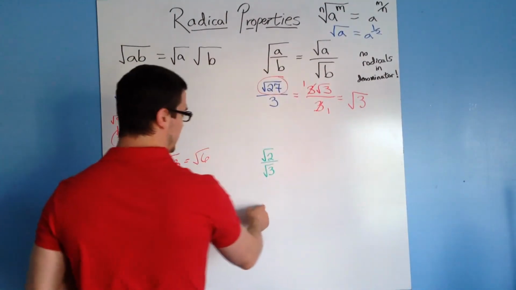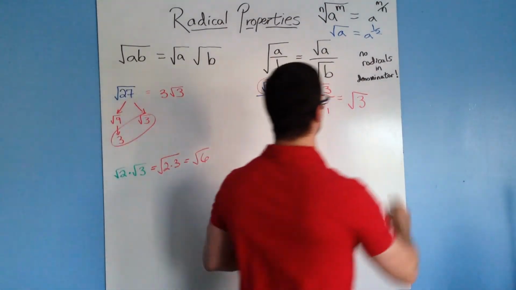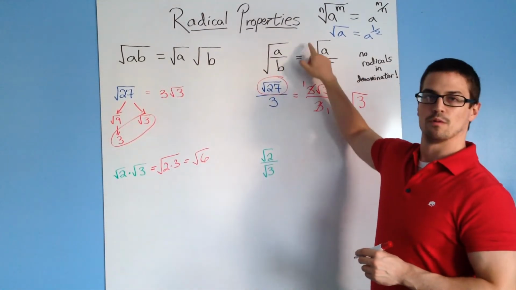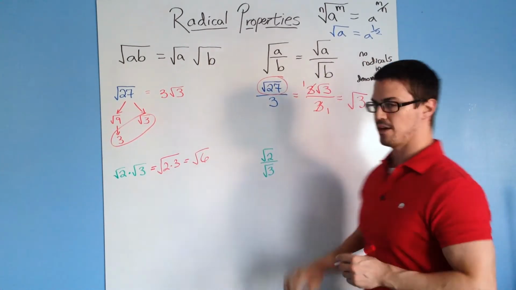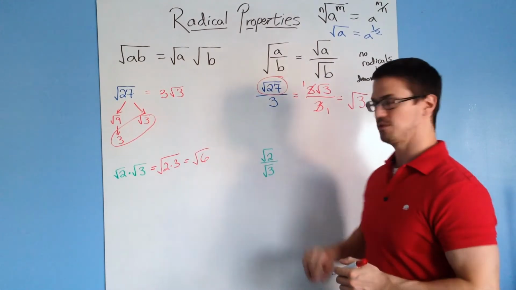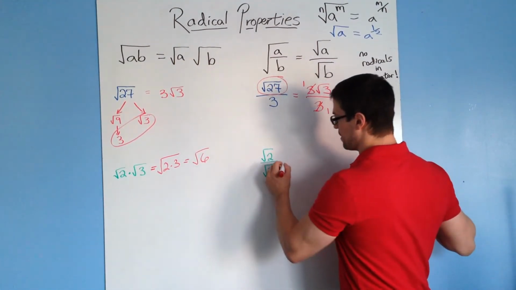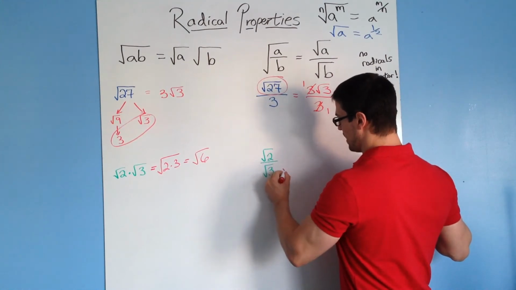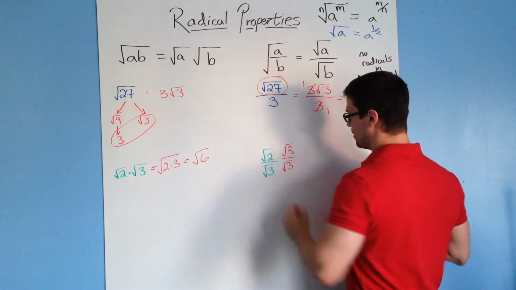And the last one down here, we have root 2 divided by root 3, and I wrote a little rule: by our division radical property, no radicals can be in the denominator. So we need to simplify this by making sure that there are no radicals in the denominator. In this case, we have a radical 3 in the denominator. So to get rid of that, we're going to multiply both the top and the bottom by root 3.